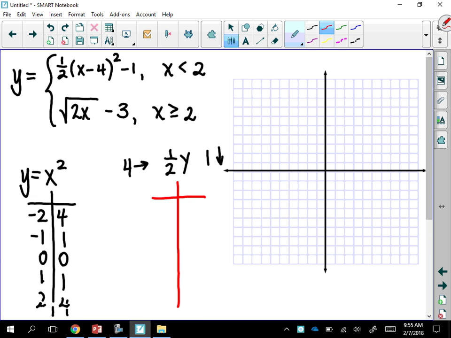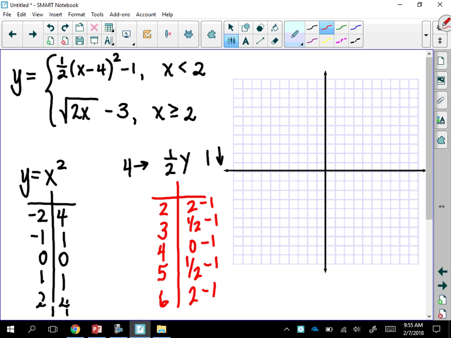So we're going to add 4 to all the x coordinates. I'm going to multiply the y coordinates by 1/2. And then I'm going to subtract 1.